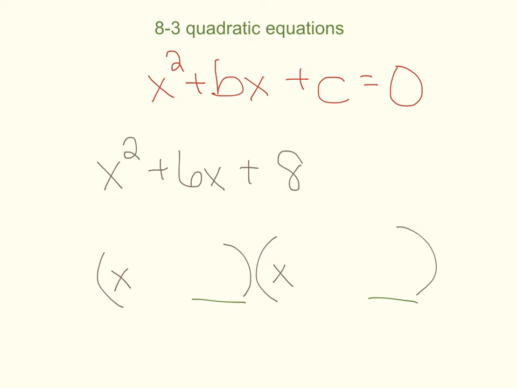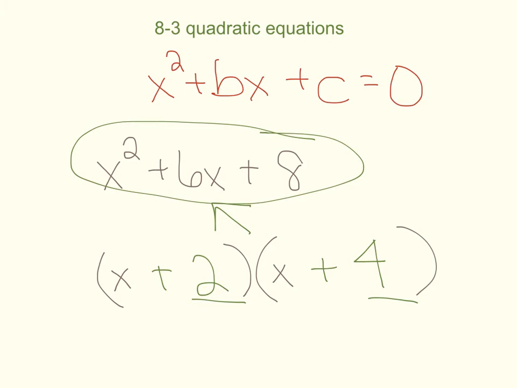To do that, you have to figure out what two numbers you can add together to get the 6 and multiply together to get the 8. And so we'll look at some examples. For this particular one, your answer would be plus 2 plus 4, because if you did the FOIL method, then you would get this quadratic equation.